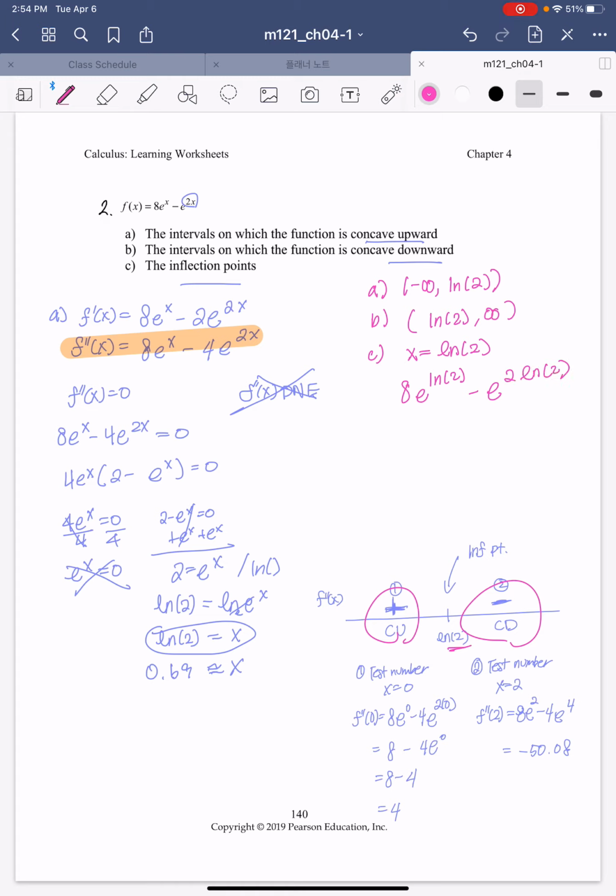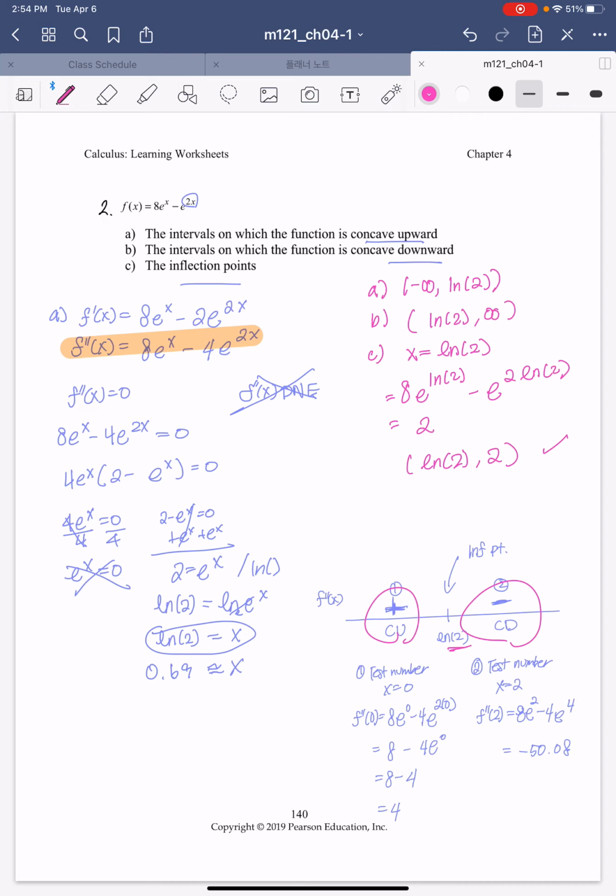And then popping that right onto the calculator. This will be 8 e to the ln 2 minus e to the 2 times ln 2. So exactly 2. So ln 2 comma 2 will be my inflection point. Okay.